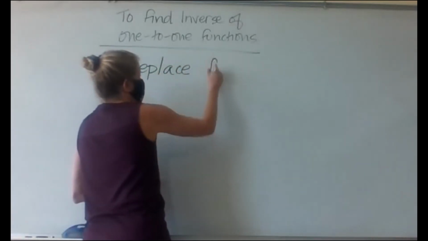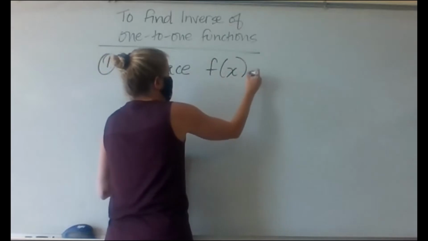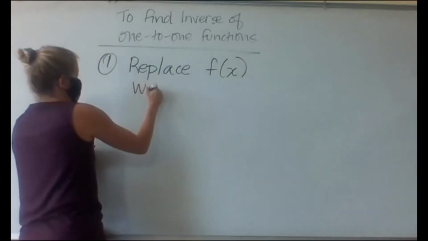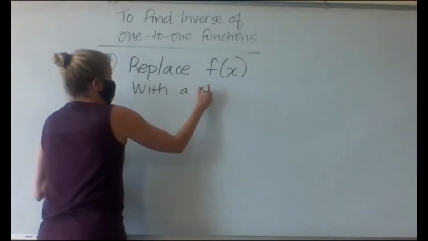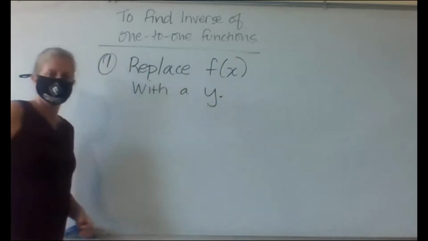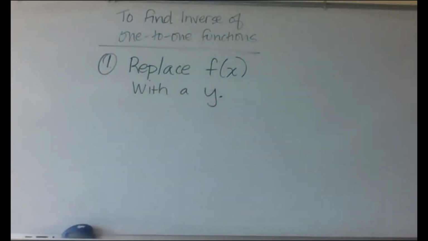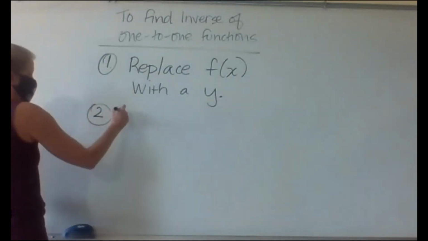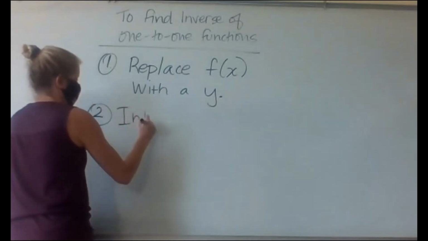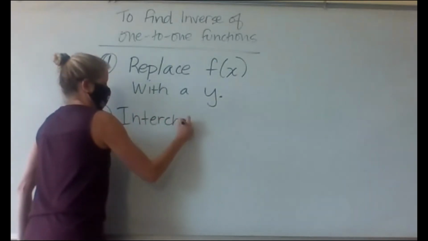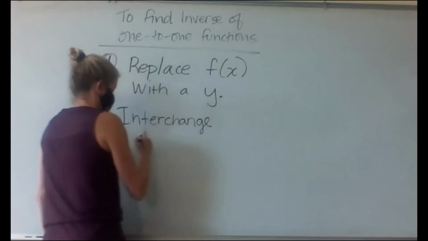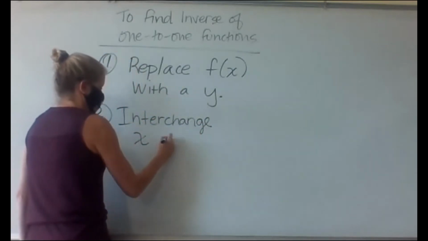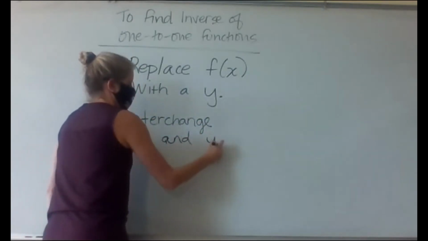So the first thing you're going to do if you see f of x is replace the f of x with a y. Now, the second part of it is when we do the flipping. So you're going to interchange x and y.